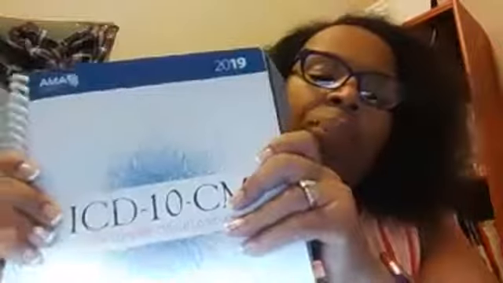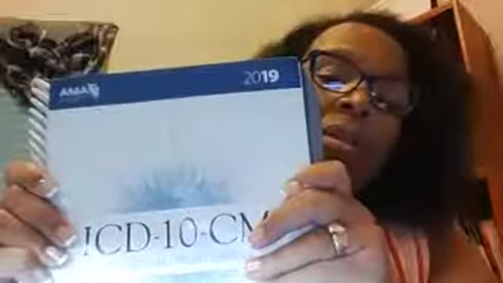So either this book or the other ICD-10 book by WHO, World Health Organization, you can use either one of these books for your test. I just need you to be familiar with the information.